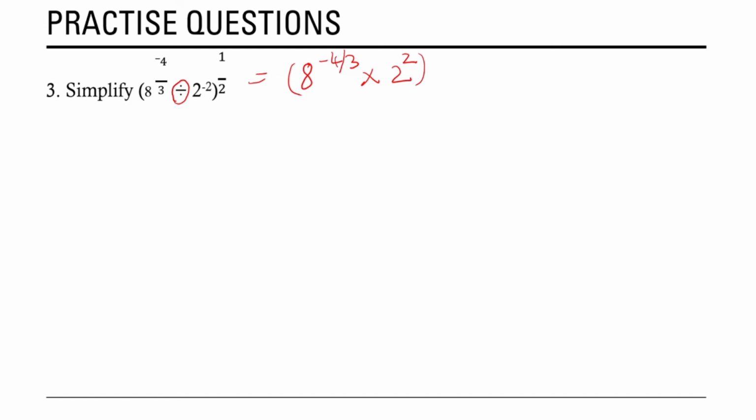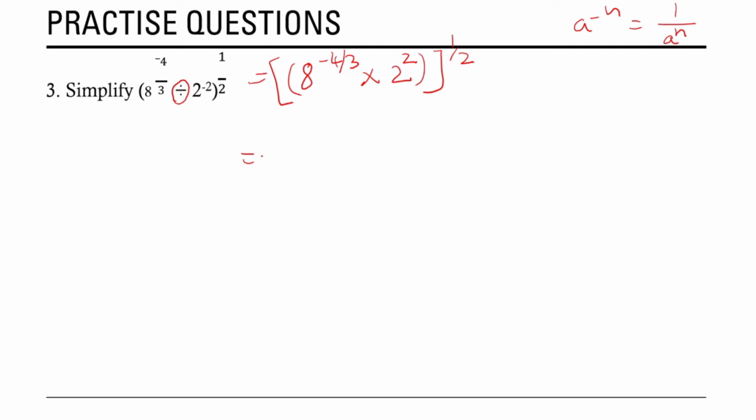This one, the whole raised to half. We just now saw the value of 8 is 2 cube, and we know that a raised to minus n is equal to 1 divided by a raised to n.